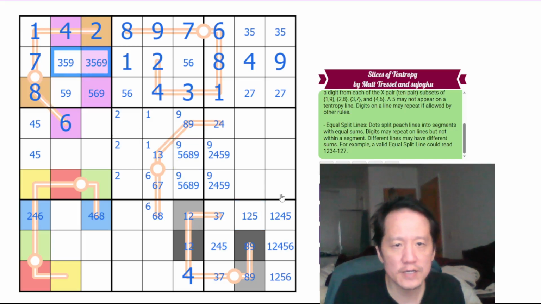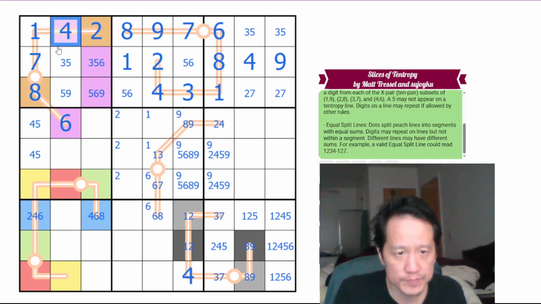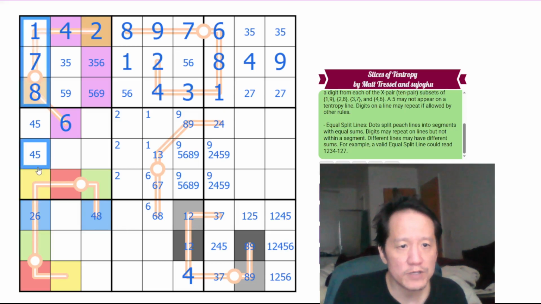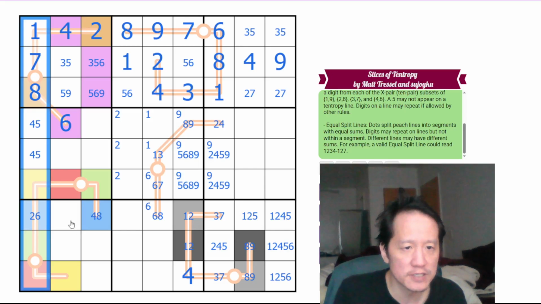One of these is a 9 because this can't be 9. This can't be 6 because one of these 2 has to be a 6. So this can't be 6. This can't be 4. We have a 1, 7, 8, 4, 5. So the remaining digits in column 1 are 2, 3, 6, and 9.